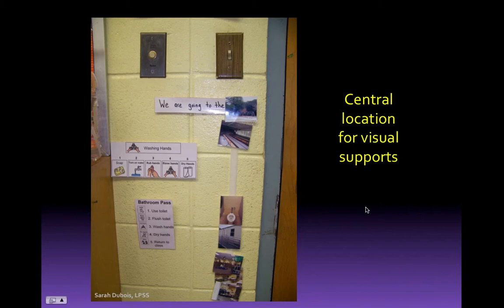And then here is a picture of a central location for visual supports. So that's also another important aspect of using visual strategies, is having a place where students know that they can go and grab the strategy that they need.